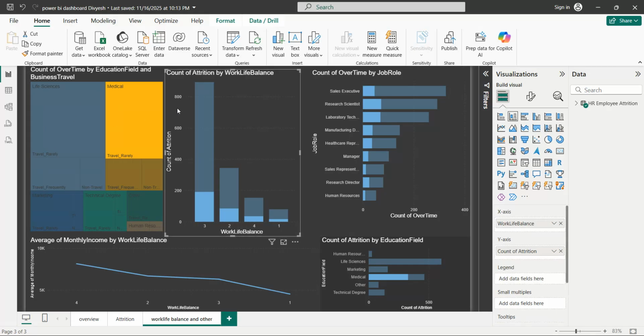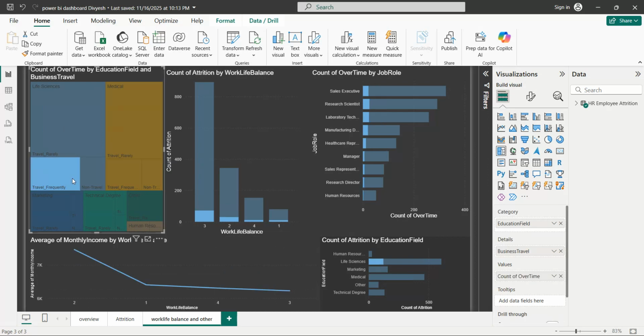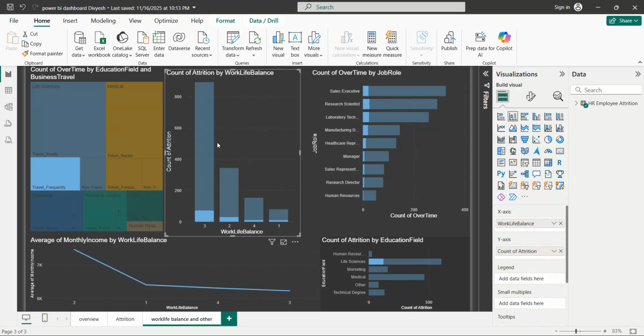So technical degree, marketing and other fields have smaller overtime contribution. So what can we interpret from it? That overtime is more common in job roles linked with the life sciences and medical fields, possibly because this area involves R&D, laboratory work, and technical operations.